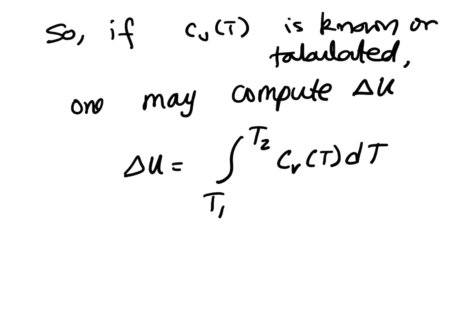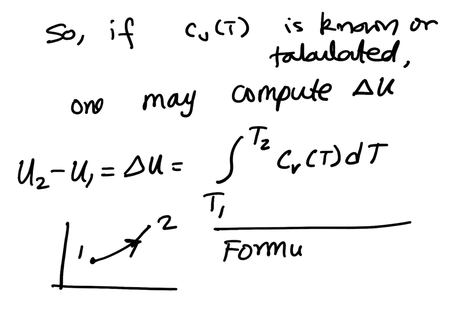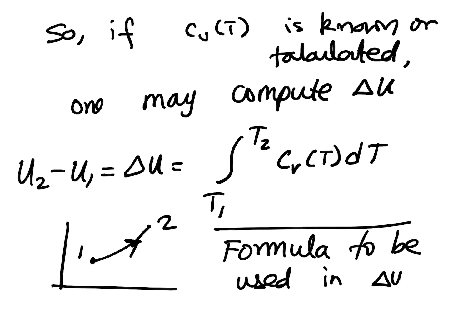It's the integral of Cv as a function of temperature between the temperature of the system at two different state points, so T1 to T2. The internal energy change is of course U2 minus U1. So make a note of this formula to be used in estimating delta U calculations. This is an important formula.